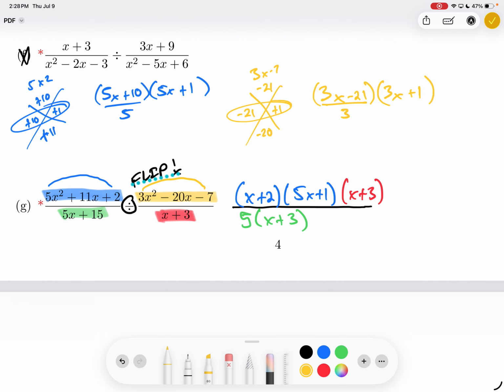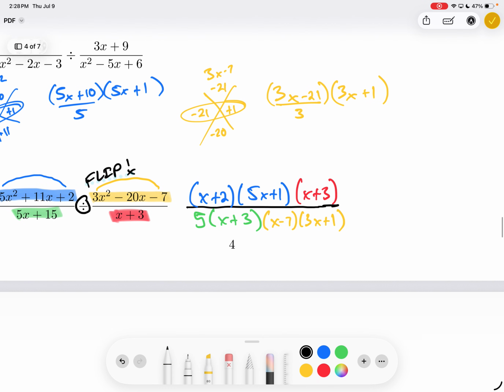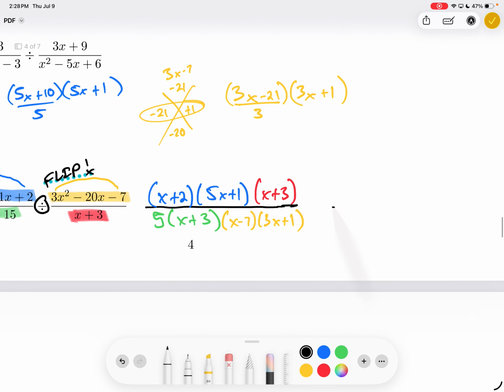This one I can divide by 3, so I get x minus 7 and 3x plus 1. Pretty sure this is the one that makes me mad. There's only one thing that cancels out, and that's the x plus 3. I wish more than one thing canceled out on this.